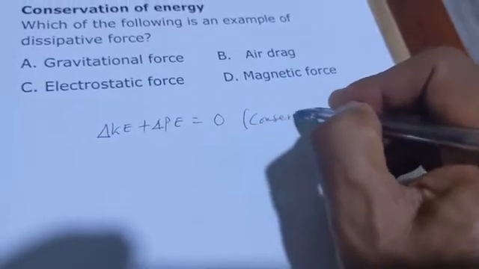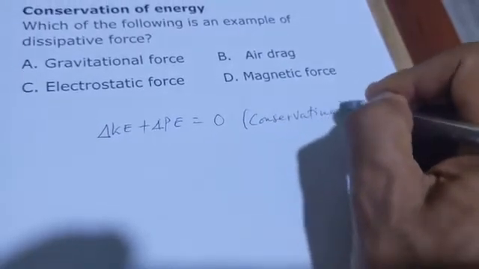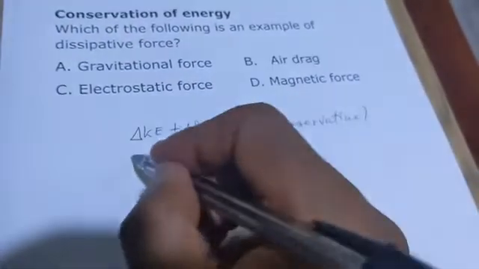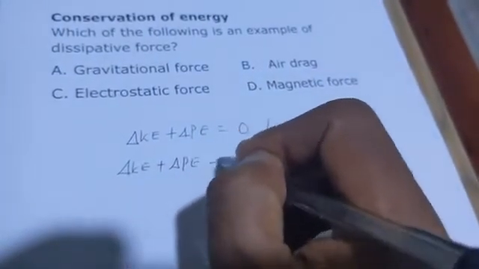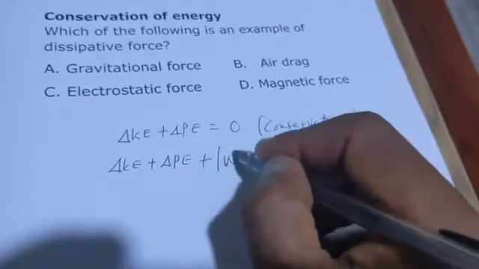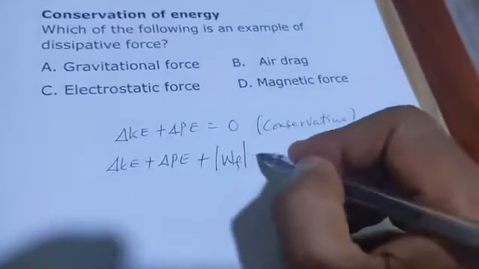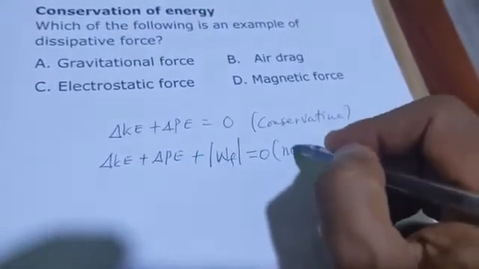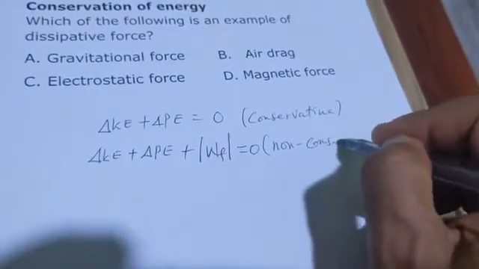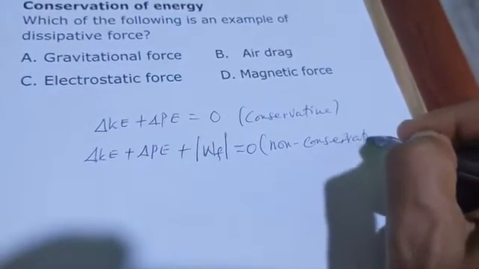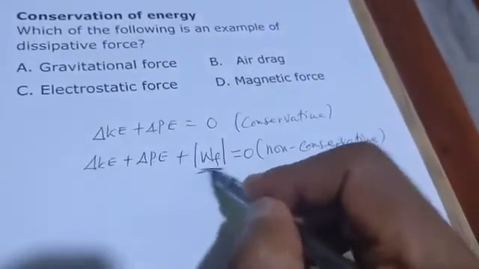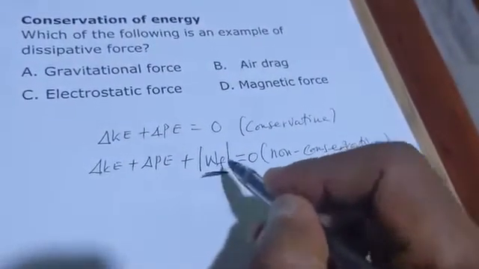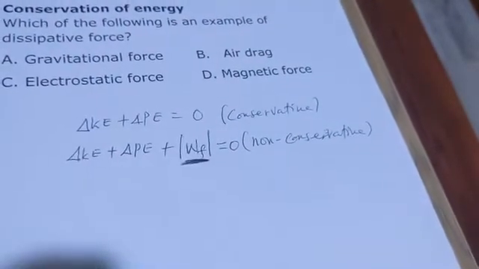When the change in kinetic energy plus the change in potential energy plus the absolute value of the work done by friction is not 0, this is non-conservative. You lose some amount of energy as a result of frictional force.